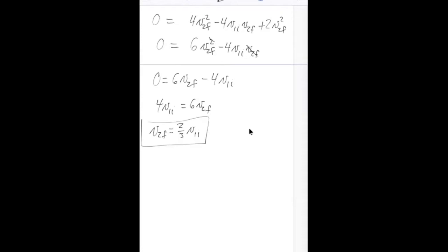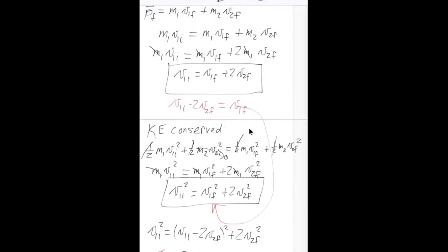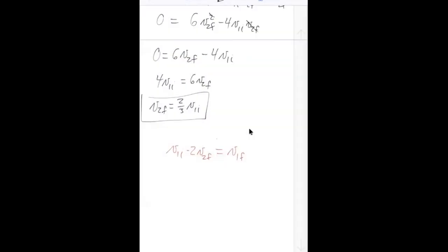Now that was a long way to go, but that's not everything, right? We also want to know what v1 final is. So if I go back up, I solve this equation here. So I've got that solved for v1 final.